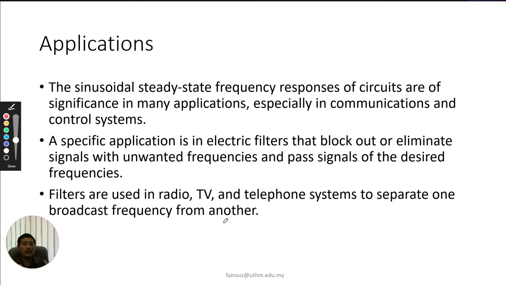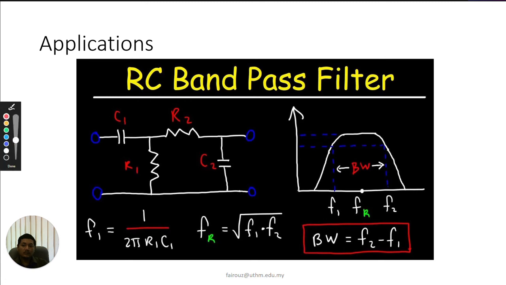In order to do that, we have to look at the frequency response of the electric filter or the electric circuit. As you can see here, this is a typical circuit of an RC band pass filter, which is based on the combination of R and C. The frequency response of the circuit will look like this.